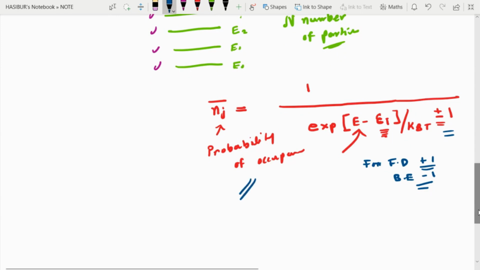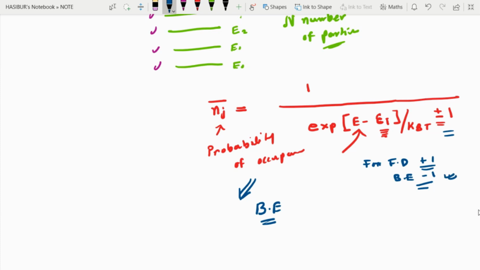So from this formula, you can see that for the Bose-Einstein distribution, the term in the denominator is small in comparison to the term in the numerator, because there is a minus term in the Bose-Einstein statistics.